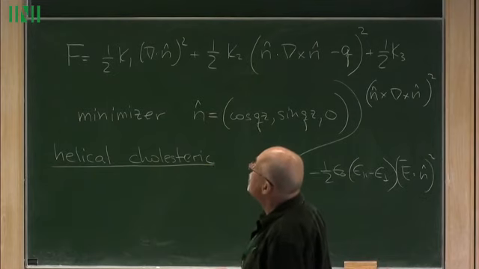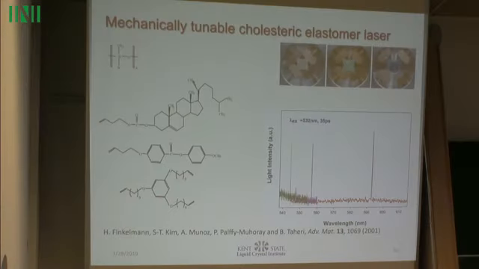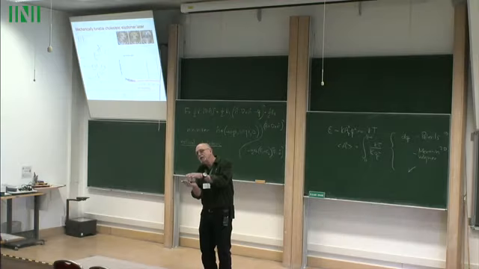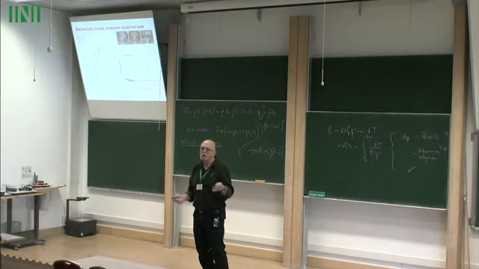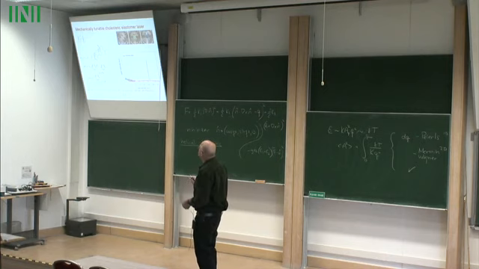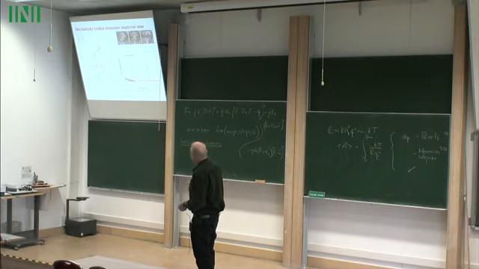So I mentioned that this is a cholesteric rubber made by Heino Finkelmann, and the helix axis is perpendicular to the plane of the little rubber sheet, and when you stretch it, due to volume conservation, the thickness decreases, and therefore the pitch also decreases, and so that shifts the band gap, and then you can see the laser lines that we talked about before shifting correspondingly.